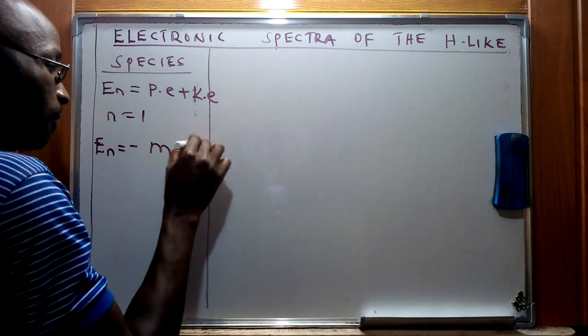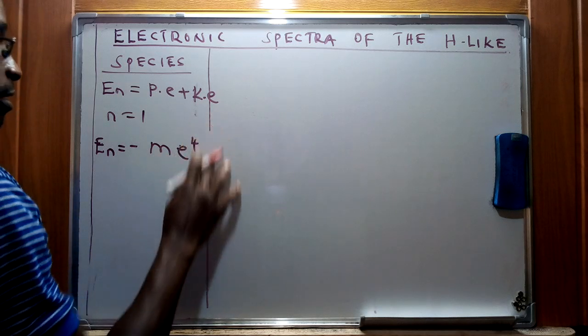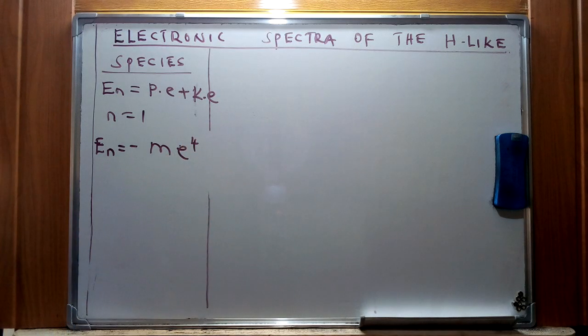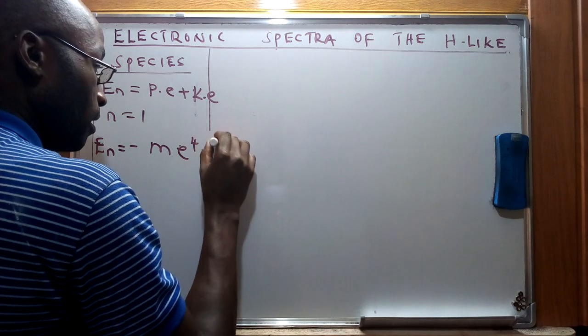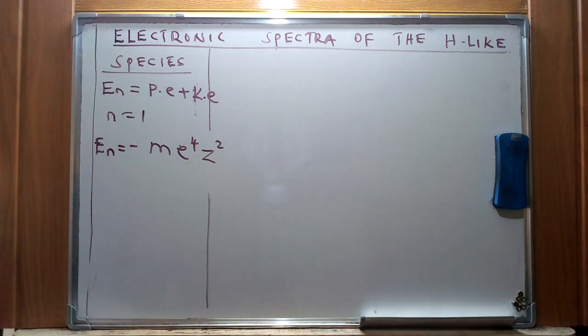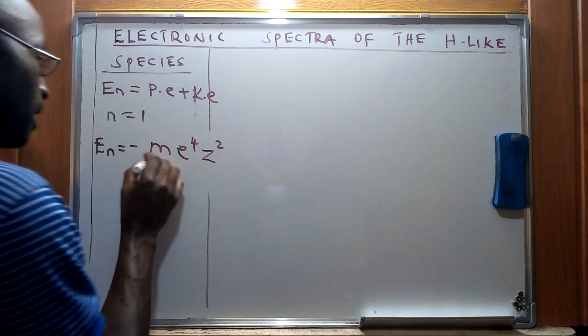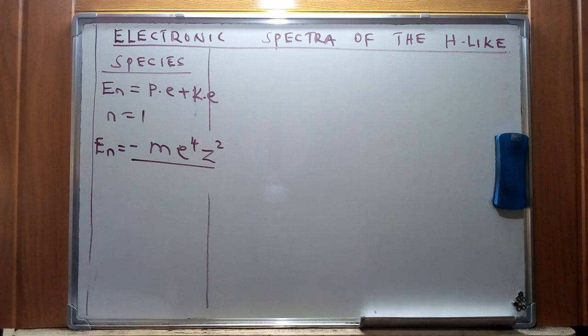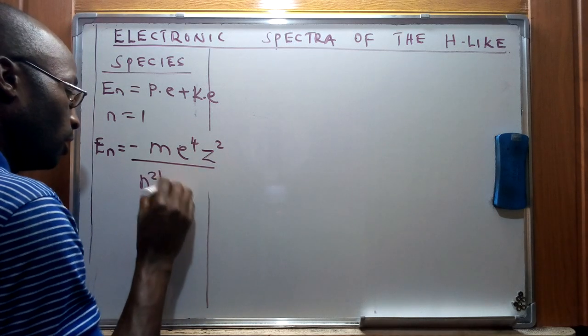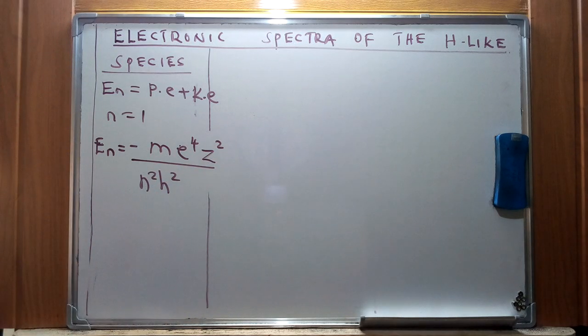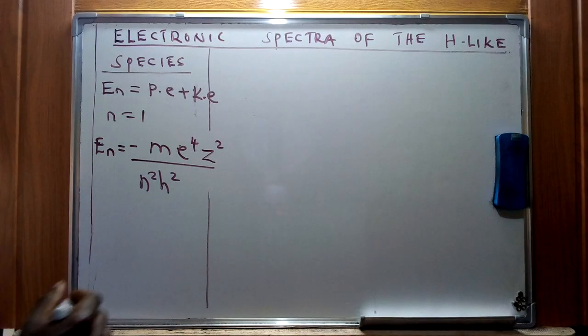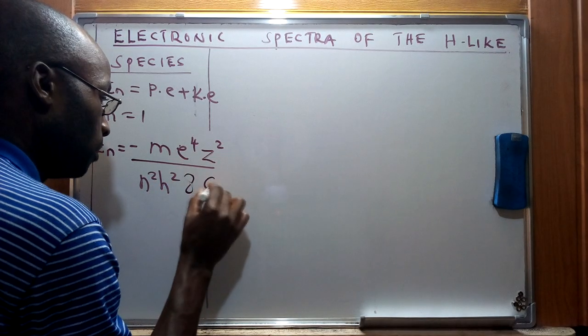So this is the mass of the electron, the charge of the electron, and then we're going to have Z squared, which is the atomic number, and then the ratio between that and n squared h squared, and this is going to be 8 epsilon naught squared.